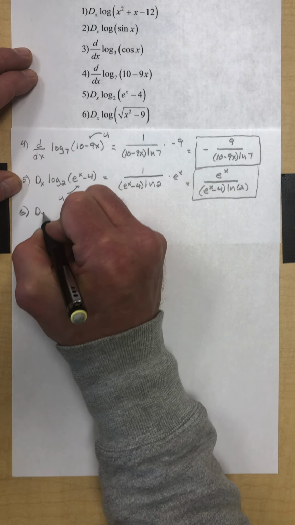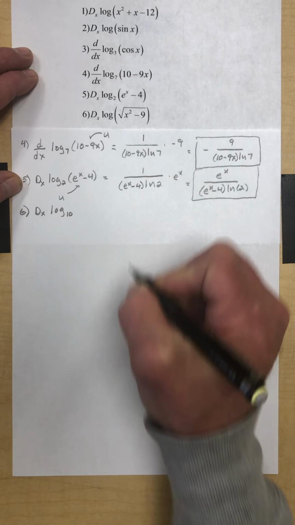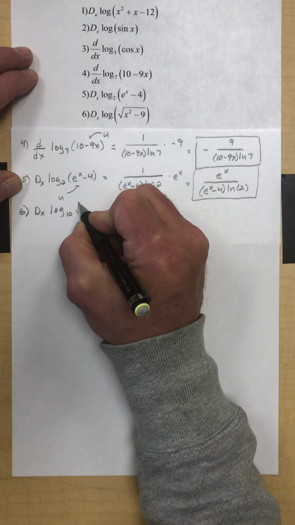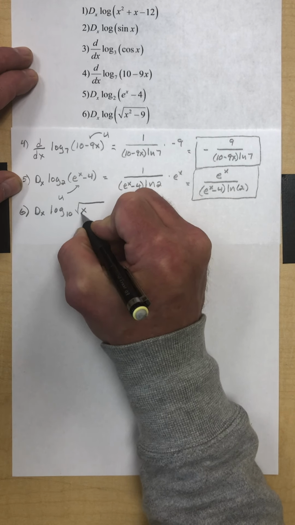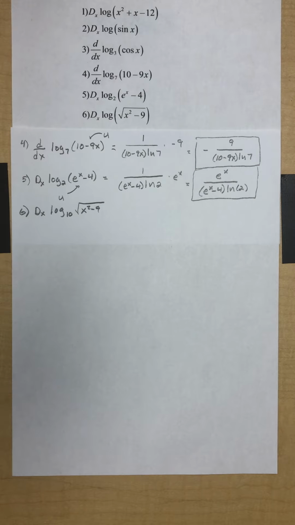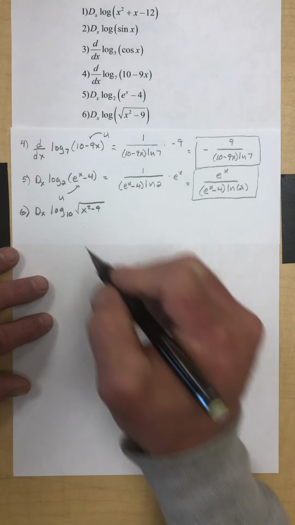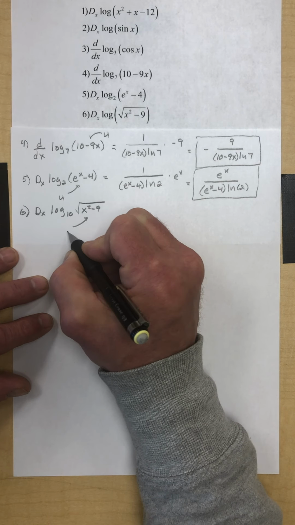The derivative of the common log, so log base 10, of the square root of x squared minus 9. Now this guy is, for the most part, straightforward. The problem we get into is this guy is your u right here.